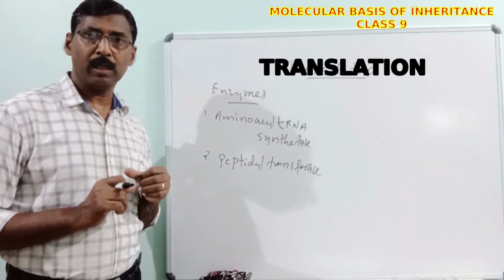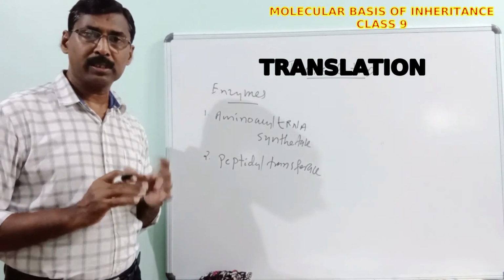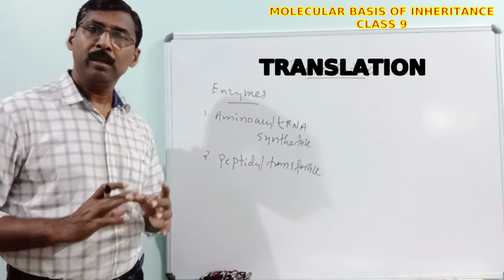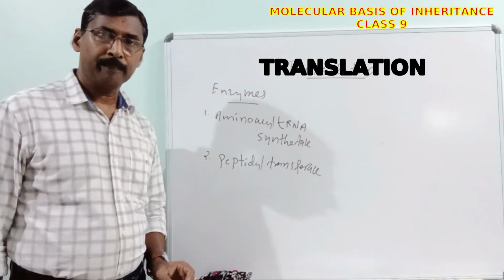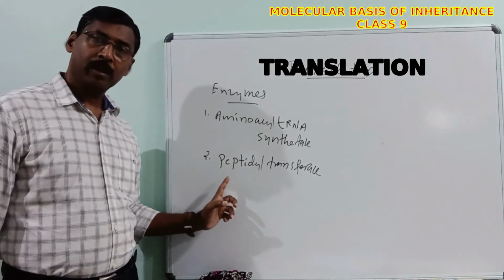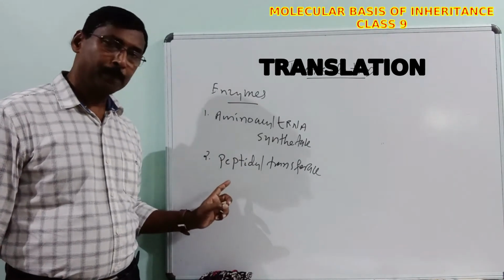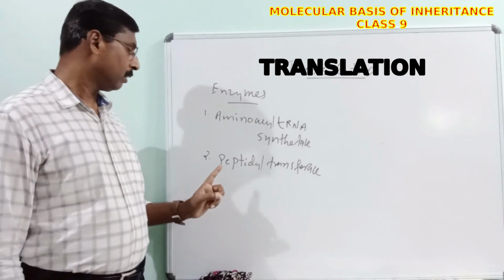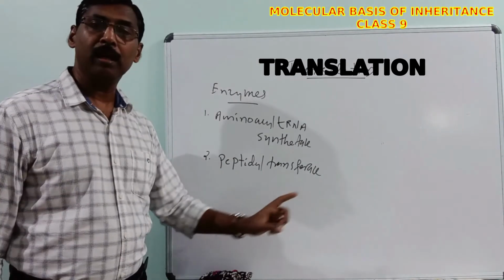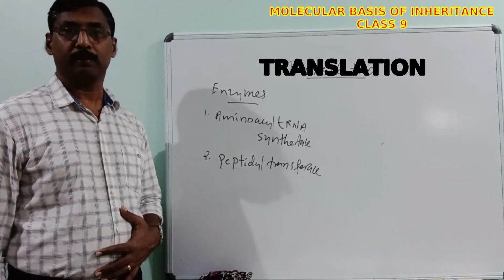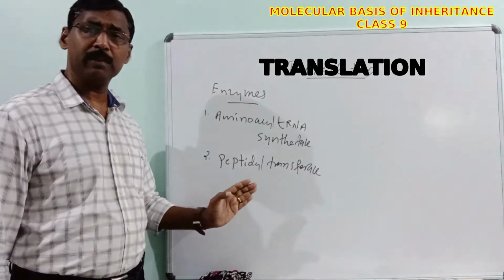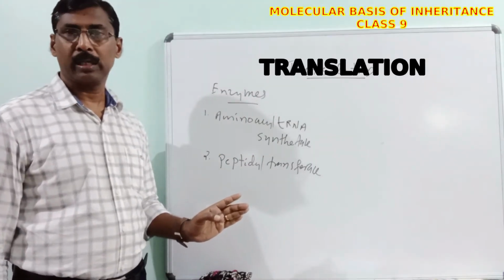So in the process of translation, amino acids are added one after another to form a long polypeptide chain. In that process, the amino acids are connected together by means of peptide bonds with the help of this peptidyl transferase enzyme. So these are the enzymes required for translation.